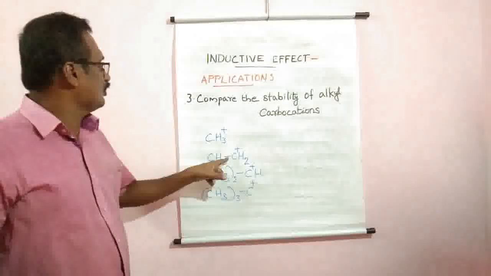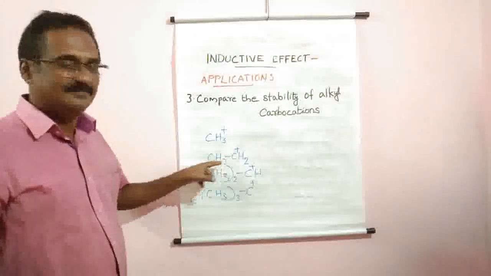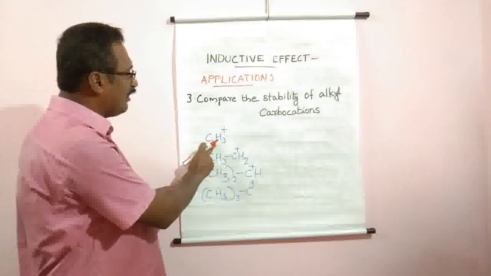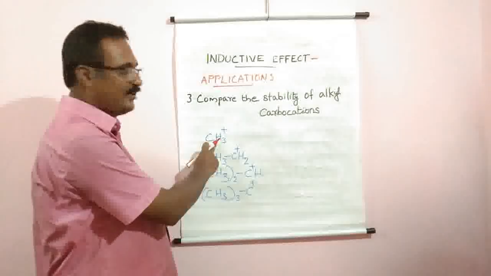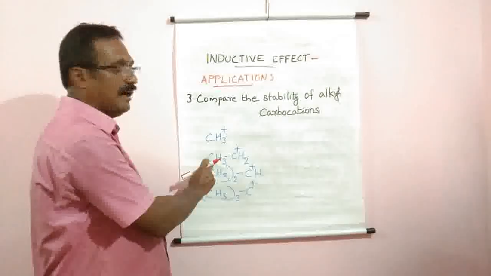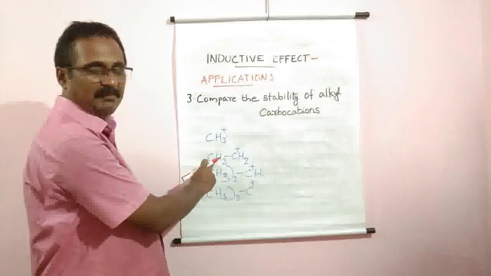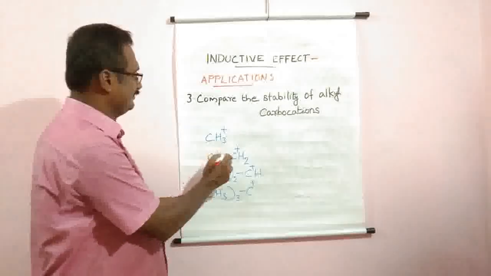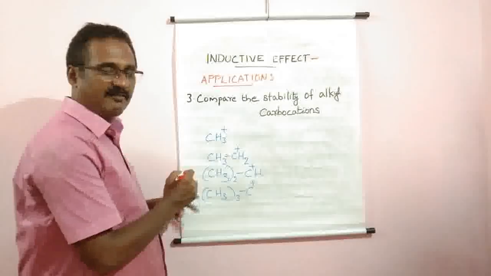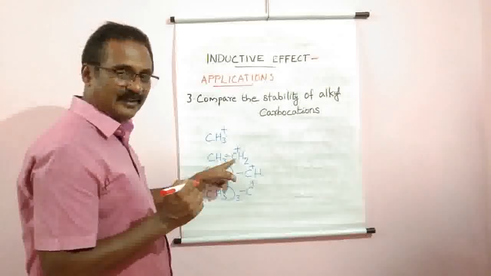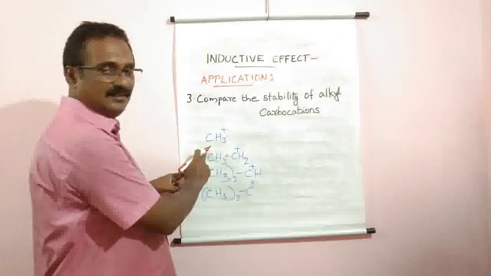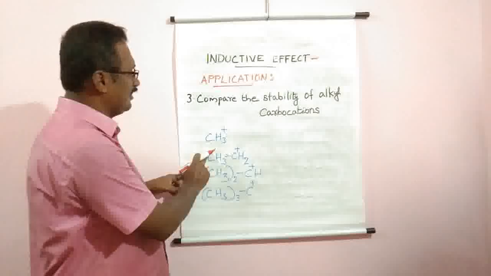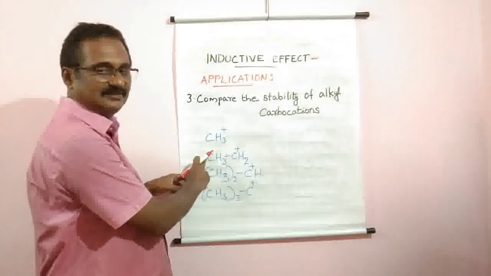When coming to ethyl carbocation, what happens? One of the hydrogen atoms of this methyl carbocation is replaced by another methyl group. Methyl group is having a plus I effect, donating the pair of electrons to this carbon atom. Okay? As a result, this is having a partial positive charge.